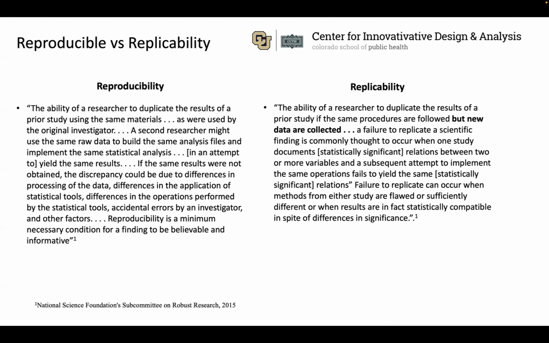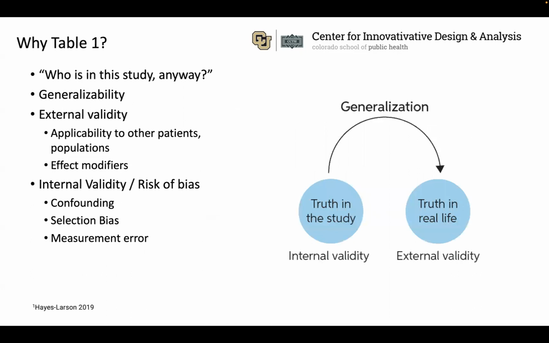I guess the question we want to ask now is how does this play into table ones? But maybe a better question to ask before that is what is a table one and what is included in it? So there's a study called Who's in This Study Anyways, which displays what they think is good information to include in a table one. And if you're anything like me, for the longest time I did not know the phrase table one referred to a relatively specific table that we see in pretty much any publication.